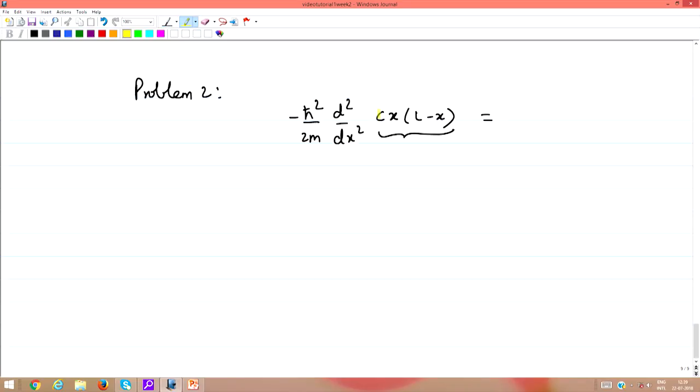It does not. In fact, what you get out of this is minus h bar square by 2 m, and there is only one minus x square term, and that gives you minus 2. So, it gives you h bar square by m. The function is not recovered, therefore, it is not an eigenfunction of the Hamiltonian.